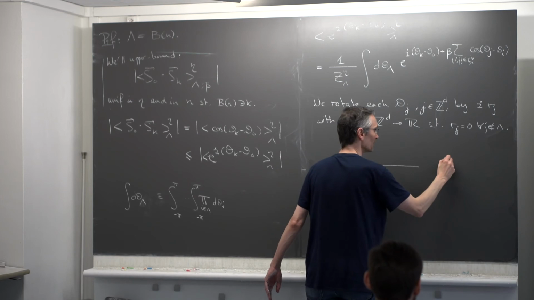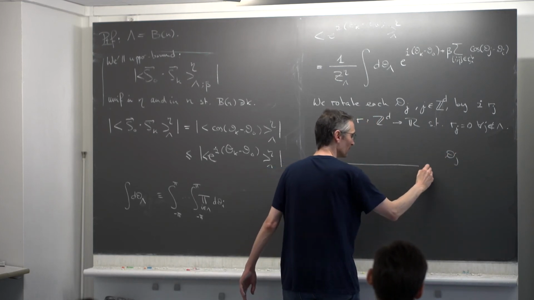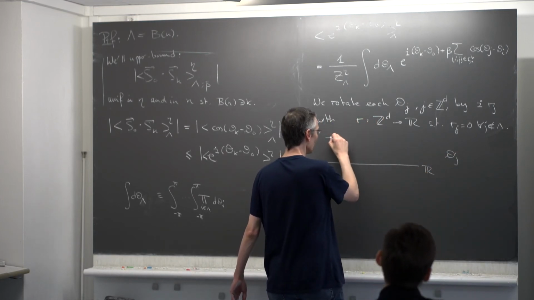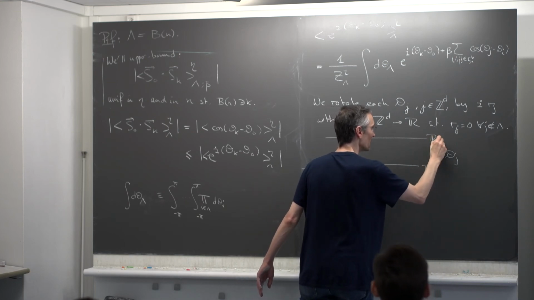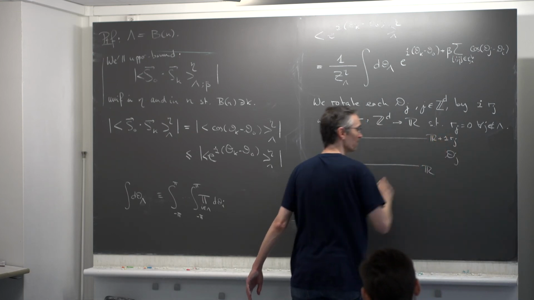So that's for, say, theta j. Here was the real line, and now I'm looking at the real line plus i Rj.